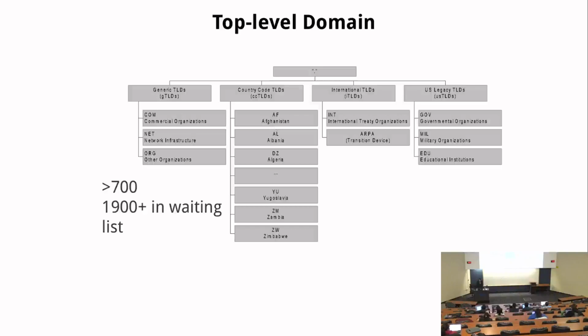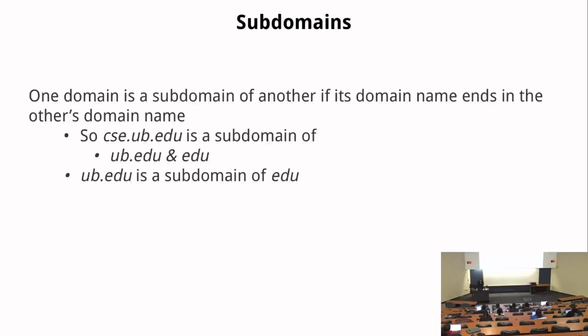Definitely more than 1,000 top-level domain names right now. That's a little bit surprising, because usually we only deal with .com and .gov, and we thought there were probably just 100 of them, but actually there are more than 1,000 right now.